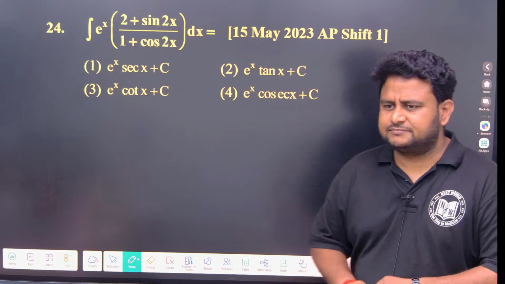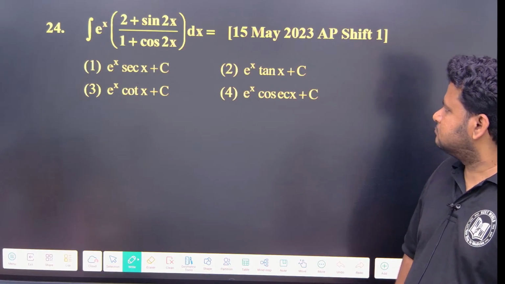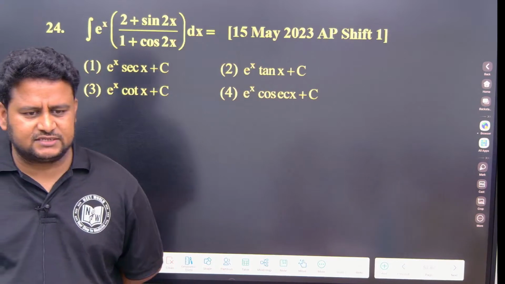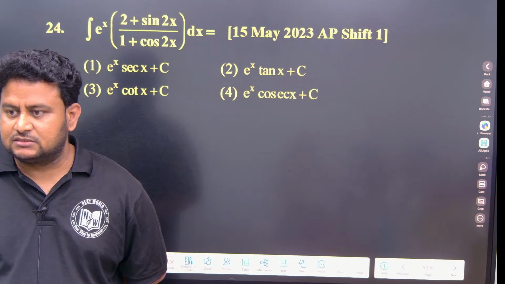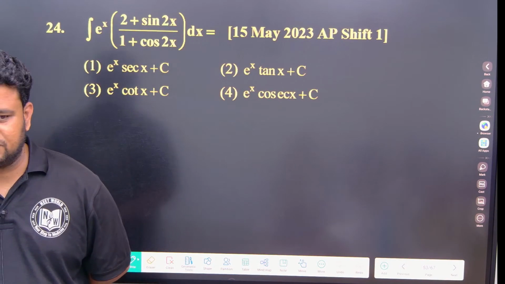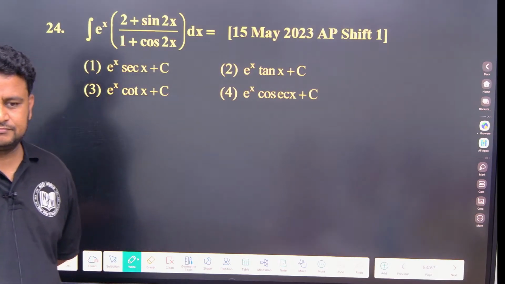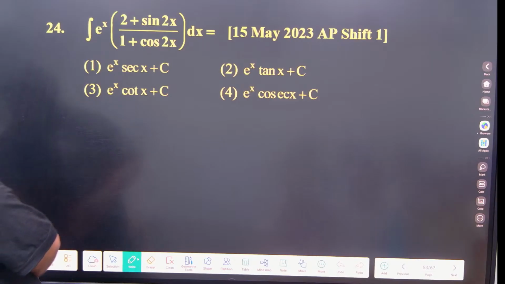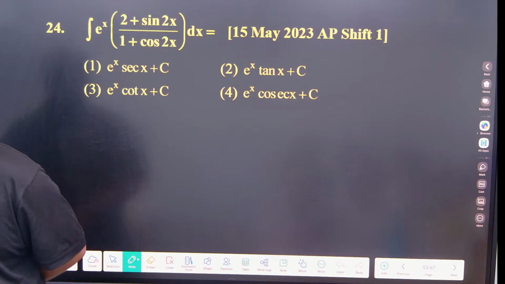How do you solve this? See, for this question, what is the method we can follow? Sai Kirti, Gayatri, Srinidhi, Sharan, what is the method we can follow for this? Okay, boys, you can leave, you can try this question by yourself.